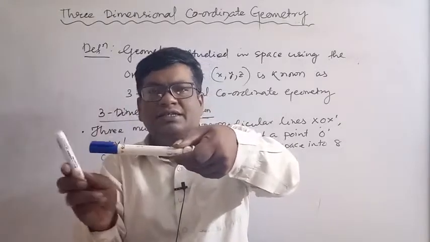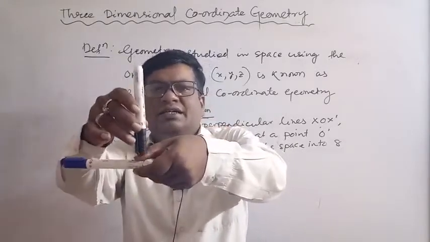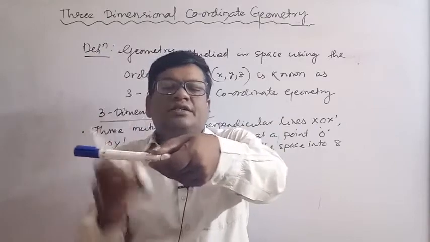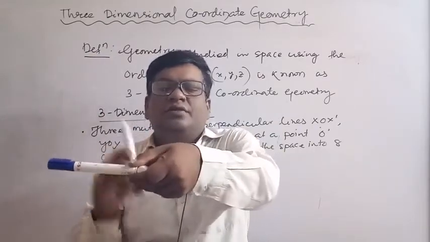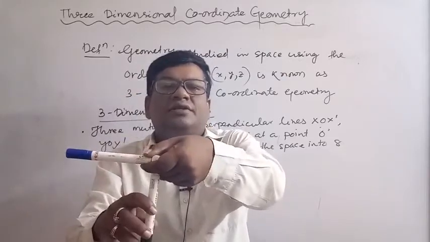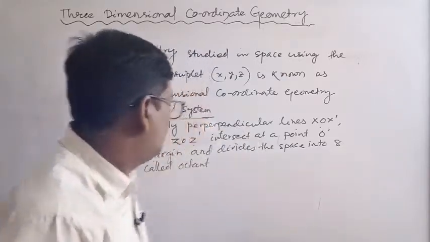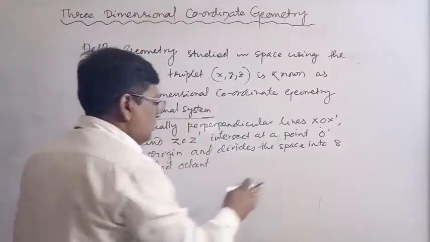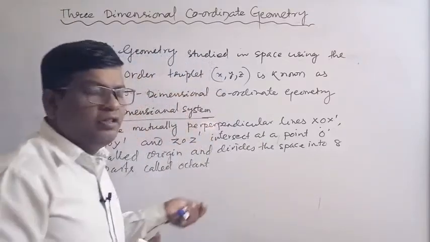Similarly here is x dash, this is y dash and this is z dash. Clear? So in a figure this is not possible to draw exactly on the plane.